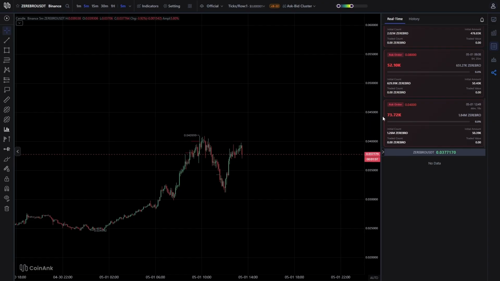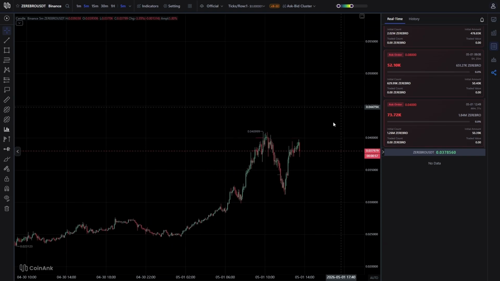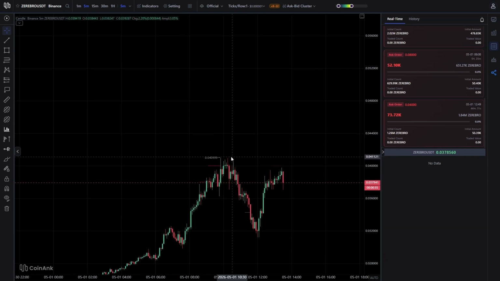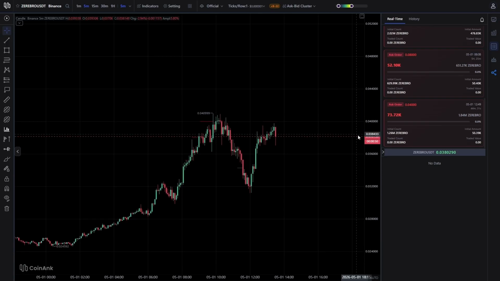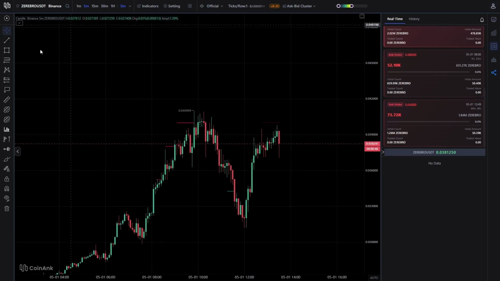Let's see, 0.4 seems to be the only big sell order sitting. The next one is only at 0.8, so that's way too far away. So in reality, there's no big order sitting above this high anymore. So the chances that it's getting swept is quite low, because there's no reason for it to go there.